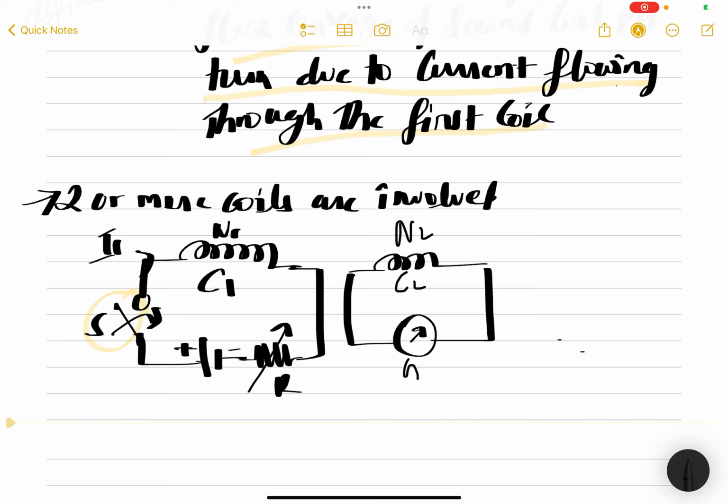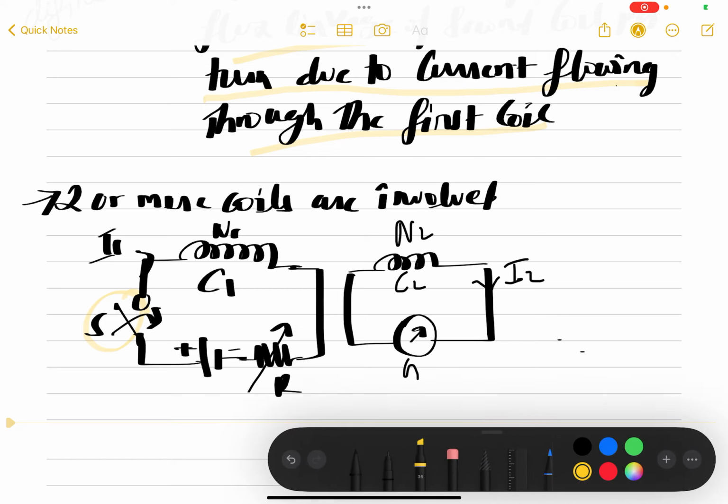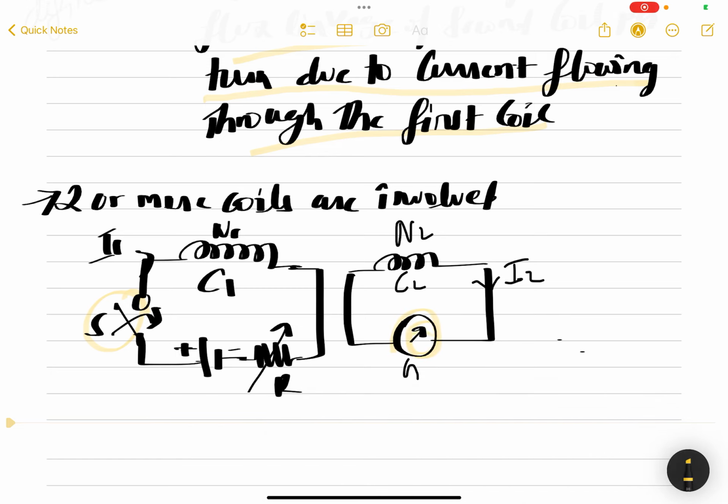Since this is a closed circuit, you will have a current, I2. Here you can see that the two coils C1 and C2 are placed near each other. Coil C1 consists of N1 turns and coil C2 consists of N2 turns, whereas the galvanometer is connected in series in order to sense the current that is induced in the coil 2 circuit, right? As you know, the galvanometer's function is to indicate the presence of current.